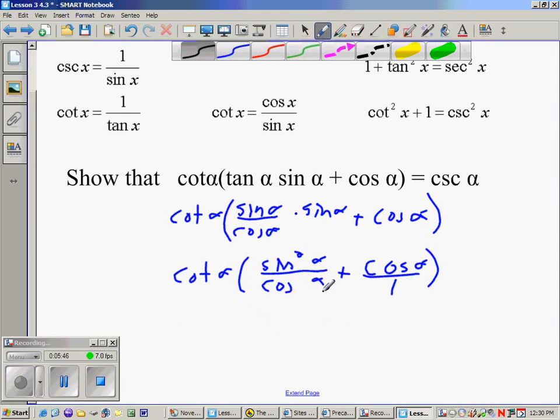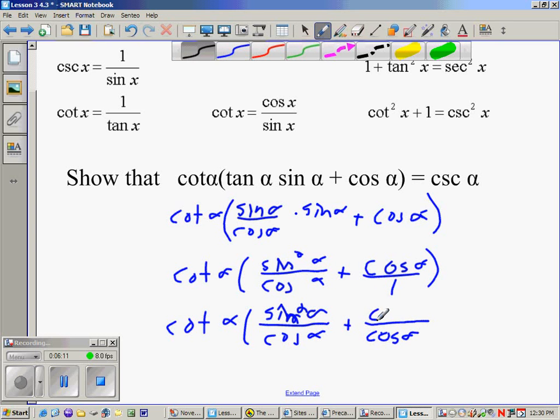Now, when we add these, we need common denominators. So this is going to be sine squared alpha. That's not written very well, but hopefully you can read it. Now, our denominator will just be cosine, so we don't have to change this left side at all. This right-hand side, if I multiply the denominator by cosine, I have to multiply the numerator to get cosine squared alpha.